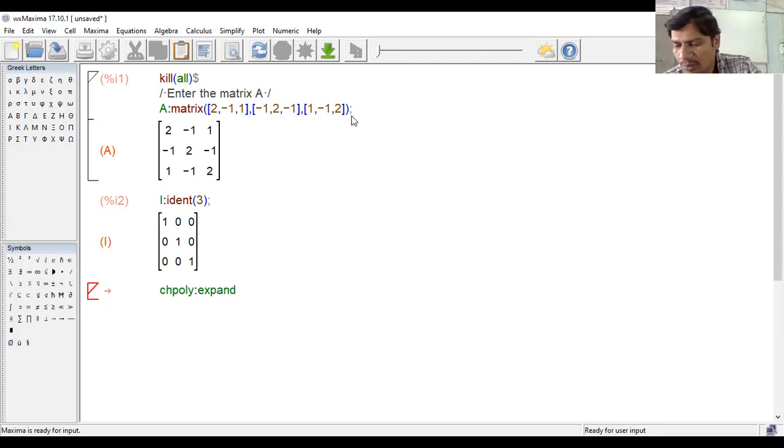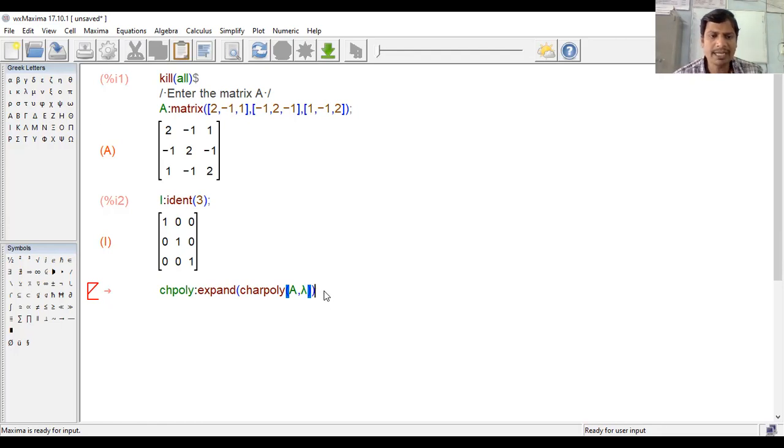That is the expand of bracket characteristic polynomial of the given matrix A, then comma, then the constant lambda.